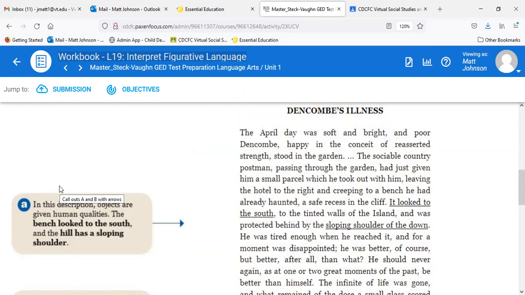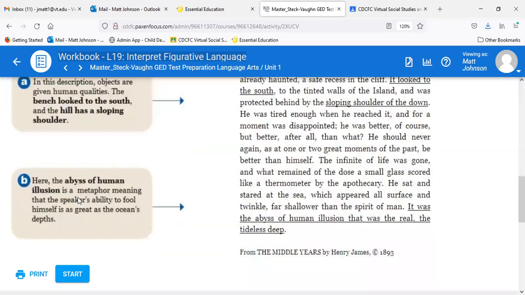But looking specifically is a human activity. And then sloping shoulder of the down. This is talking about a physical location. So a shoulder would be a human quality as well. Right. So benches look to the south. Hill has a sloping shoulder.